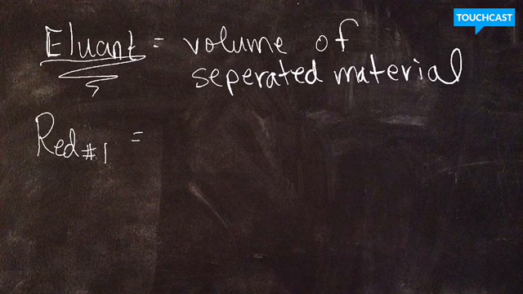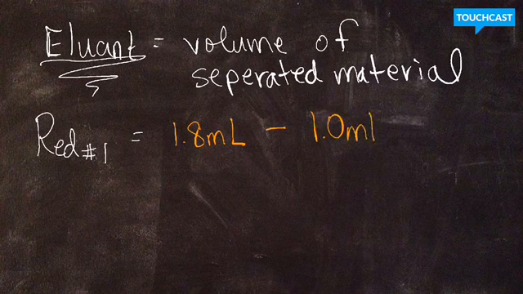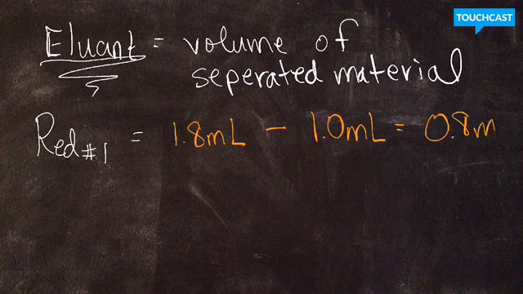So if we're trying to find the extent of the bandwidth of when red came out, we take the 1.8 milliliters, which is where it stopped, and subtract that initial volume where we started to see red, 1.0 milliliters. So the bandwidth on trial number 1 is 0.8 milliliters. That's what bandwidth means.